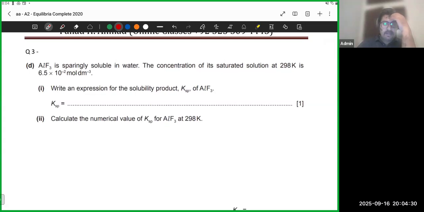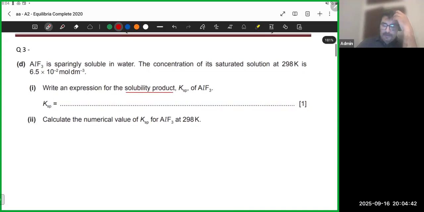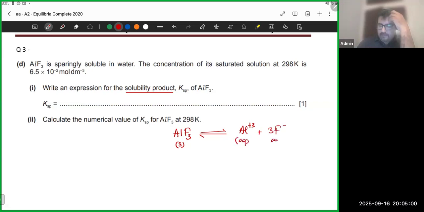The first one says, write an expression for the solubility product, Ksp, of AlF3. This worksheet is in the group as well. So what happens when AlF3 dissolves? The solid dissolves, and in a saturated solution it will turn into aqueous ions.